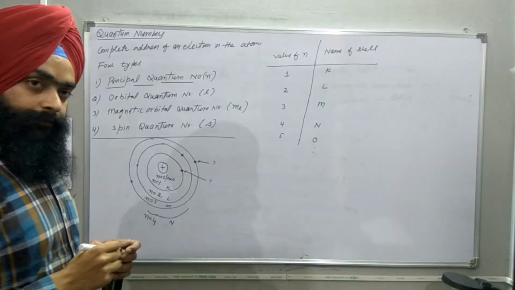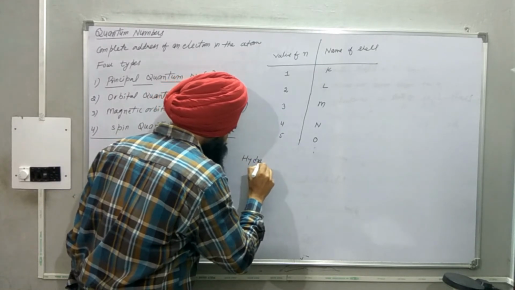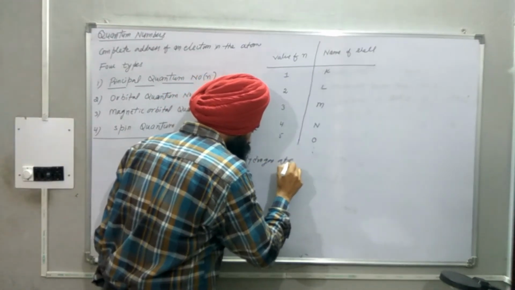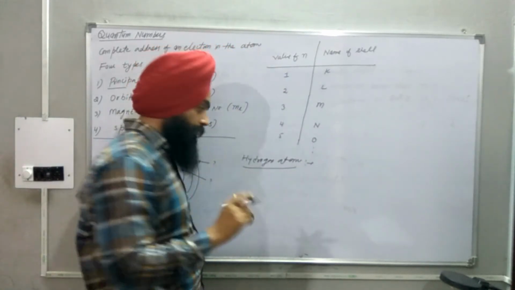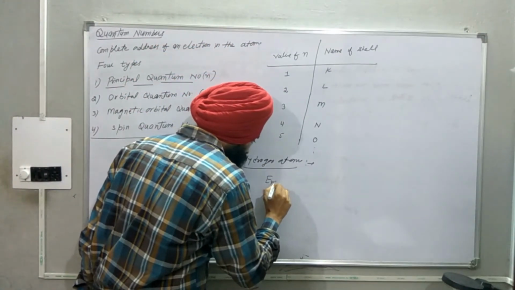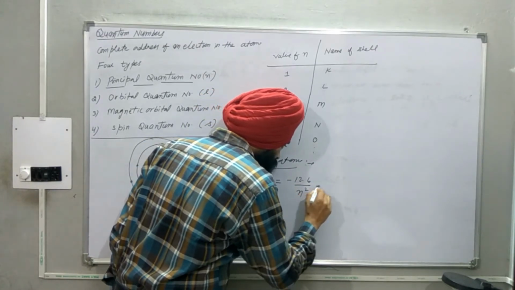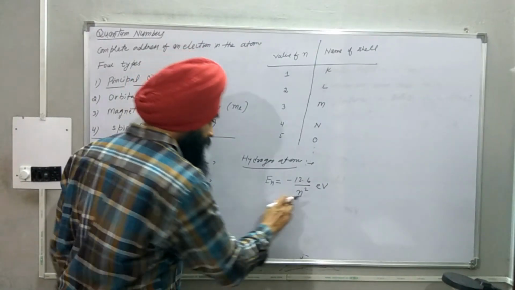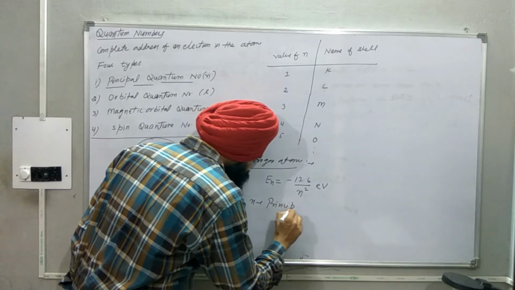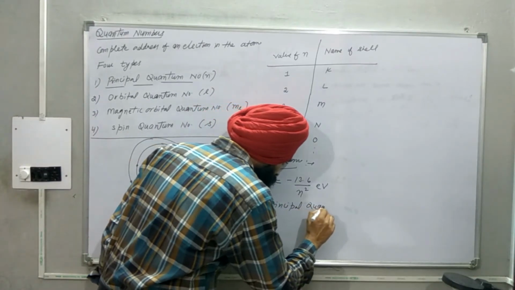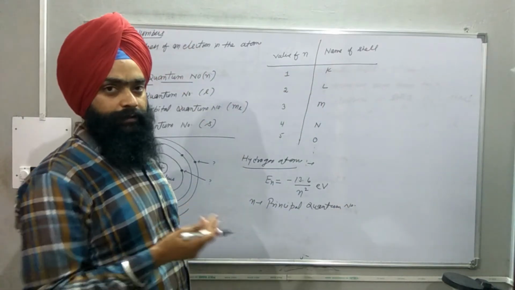So in order to understand further, we can take the example of hydrogen atom. We know that hydrogen atom has only single electron, and energy of this electron is given by minus 13.6 upon n square electron volt. Here n is principal quantum number. Let us suppose the electron is in the ground state.